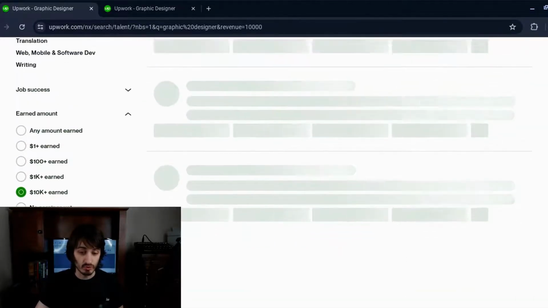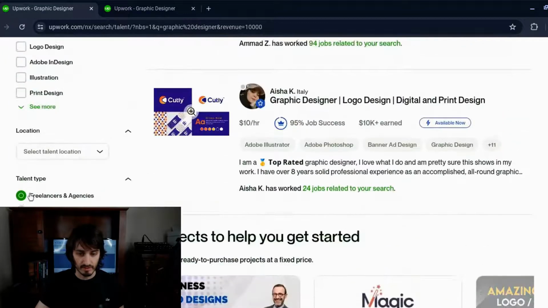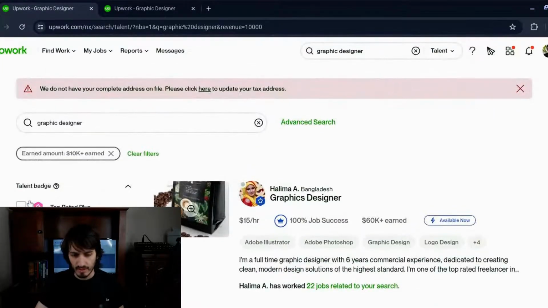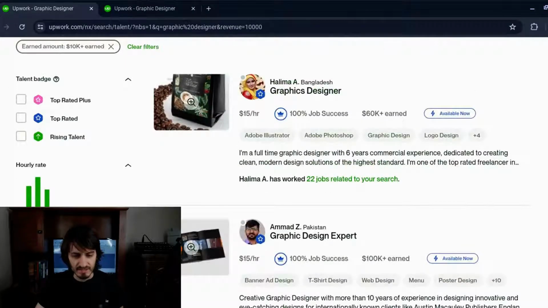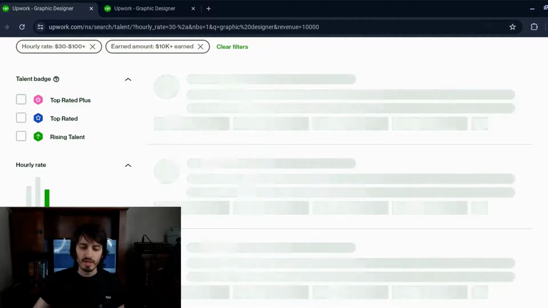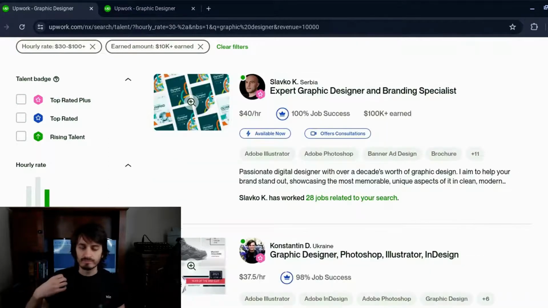And we also want to make sure that their hourly rate is at least like $30 an hour, so that we know that they are seen as valuable enough in the eyes of clients so that they do get paid a lot of money.